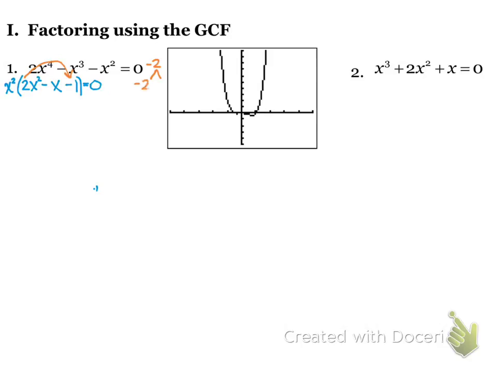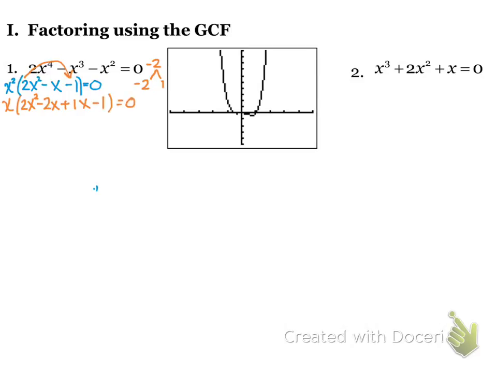Well, that's going to be -2 and +1. So we're going to separate that middle term, and instead of writing minus x, we're going to write minus 2x and plus 1x, and then that minus 1 comes along.